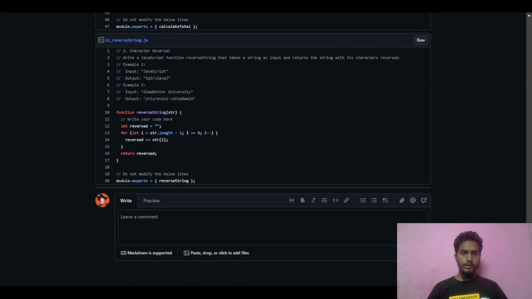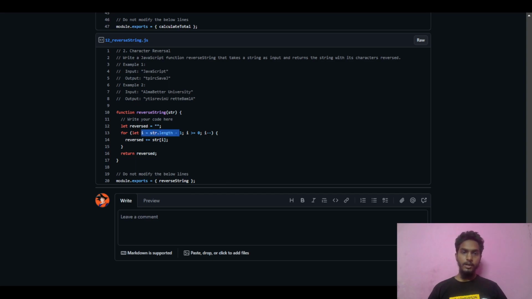So let's create a function reverseString with string as a parameter. We are taking the input string here. Then we are declaring a reversed variable. Then we are running a for loop, but this for loop is in reverse order.